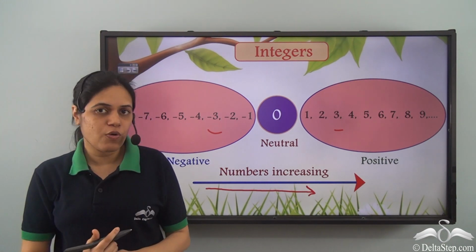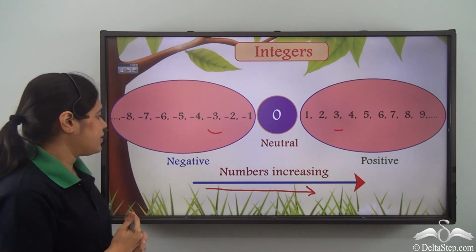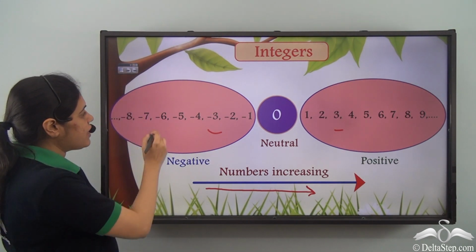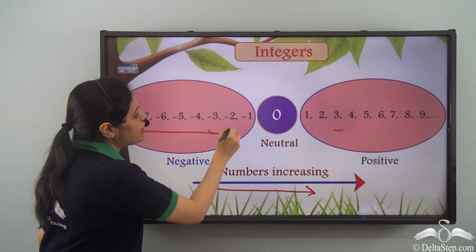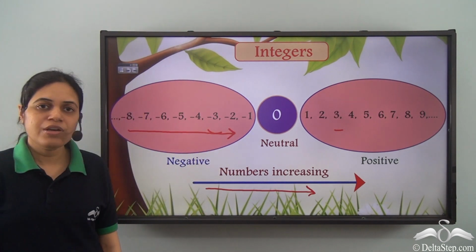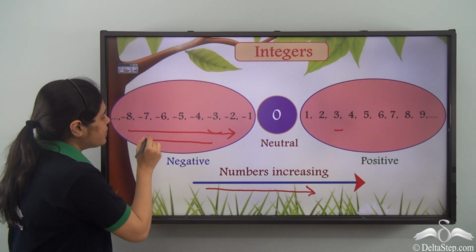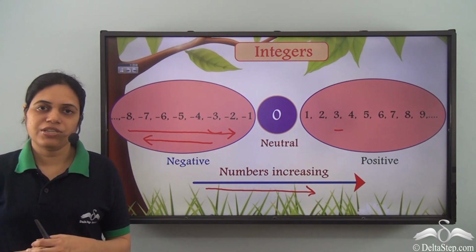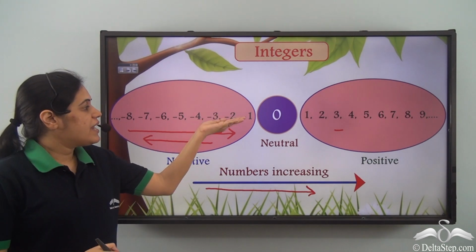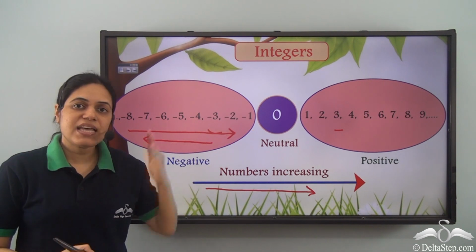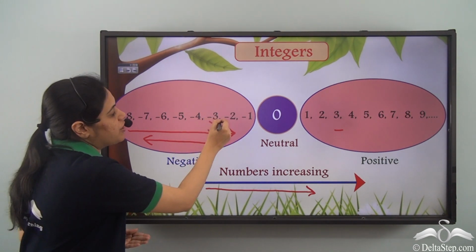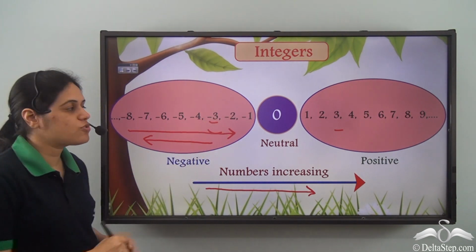But before we go ahead, let us see something. For negative numbers, numbers are increasing in this direction, which means the numbers are decreasing in this direction. That is, negative 2 is less than negative 1. Negative 3 is less than negative 2.